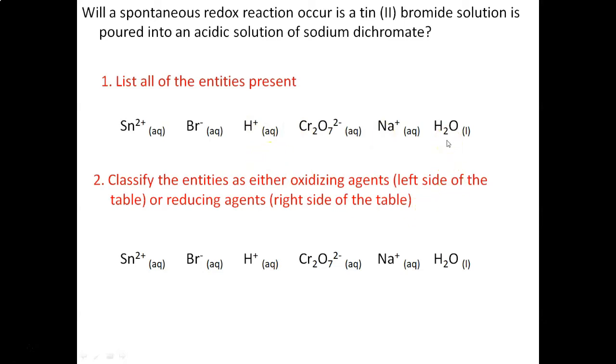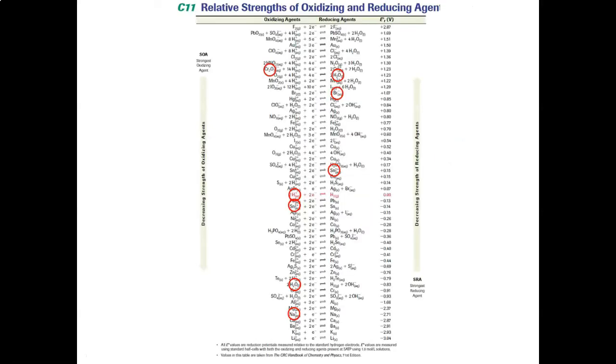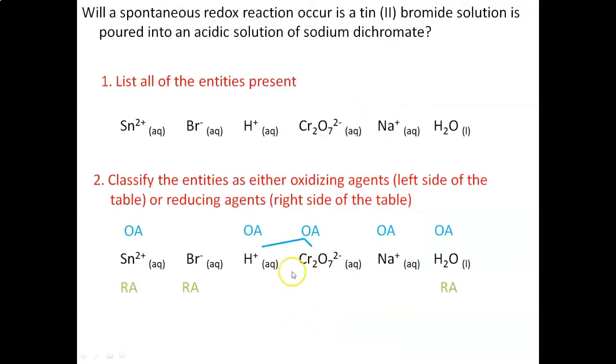Then I'm going to go to my redox table and identify them. So I'm going to look for dichromate, water, bromide, tin(II), proton, tin(II). So tin(II) can be both an oxidizing agent and reducing agent, just like water can be both an oxidizing agent and reducing agent. And sodium ion. Okay.